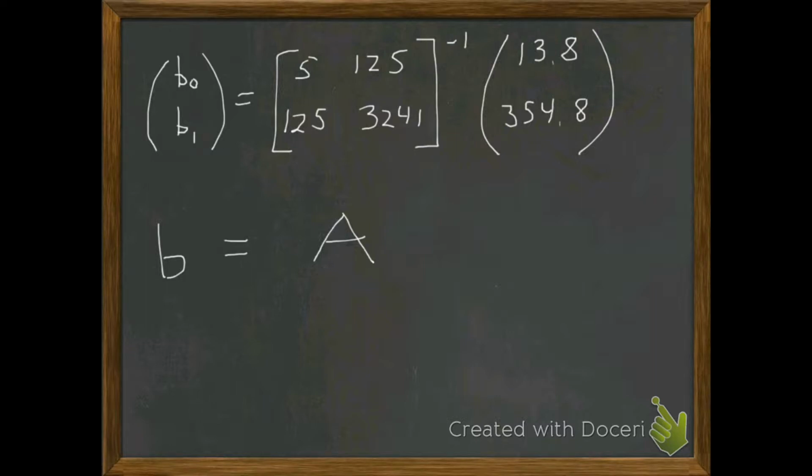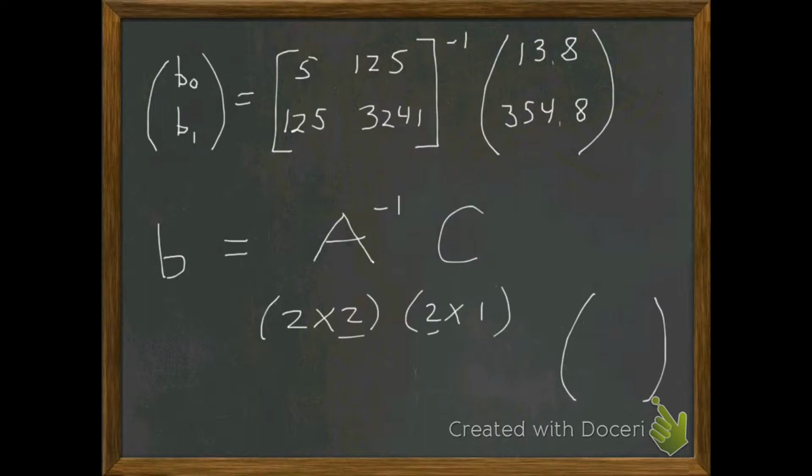Ultimately we'll find B by taking the inverse of A times C. The inverse of a square matrix is still the same size, so we have 2 by 2 and here a 2 by 1. The inner numbers are the same, so we end up with a 2 by 1 matrix, which is exactly what we need to solve for beta 0, beta 1.